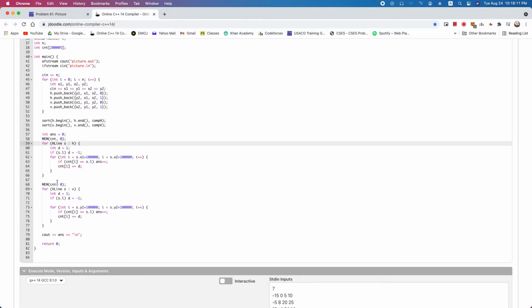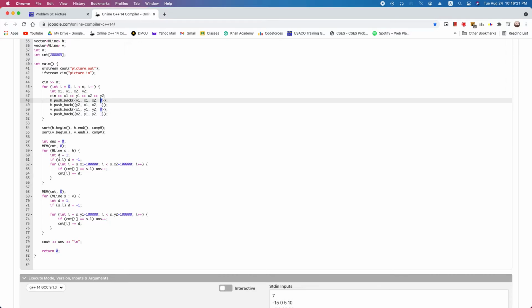So we can go through the horizontal lines first. So if this is an opening line, if this L is equal to 0, then we will set this to 1, because later on we will just increase the count of every coordinate inside this x axis of these two x positions. So we will loop through all of the x positions that are contained within this current line. We will increase all of those positions by 1 if this is an opening line, and if it's a closing line, we'll decrease it by 1.